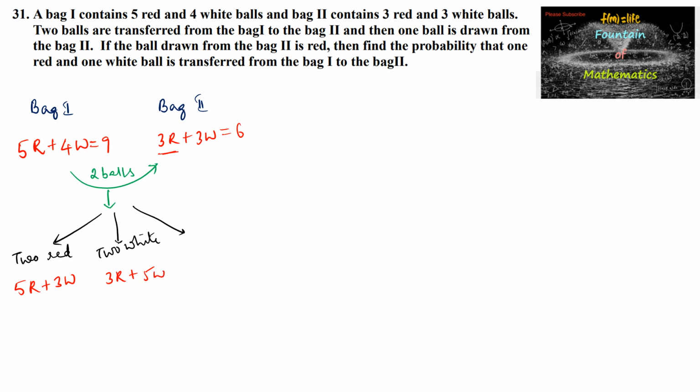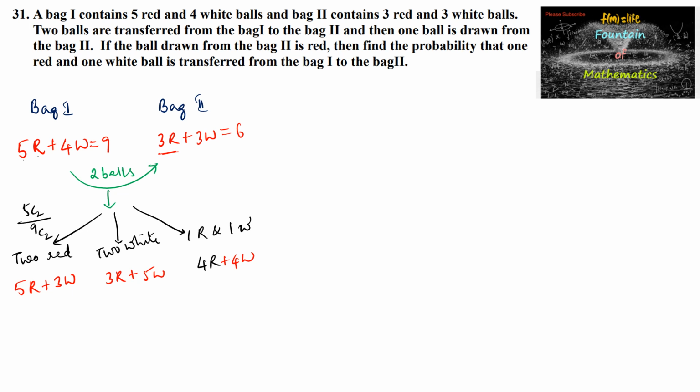And in the case of 1 red and 1 white ball transferred, we have a total of 4 red plus 4 white balls. And also we can assess that when 2 balls are transferred from bag 1 to bag 2, the probability of selecting 2 red balls is, out of 5, 2 are selected, 5C2, divided by the total number of balls, 9, so 9C2.